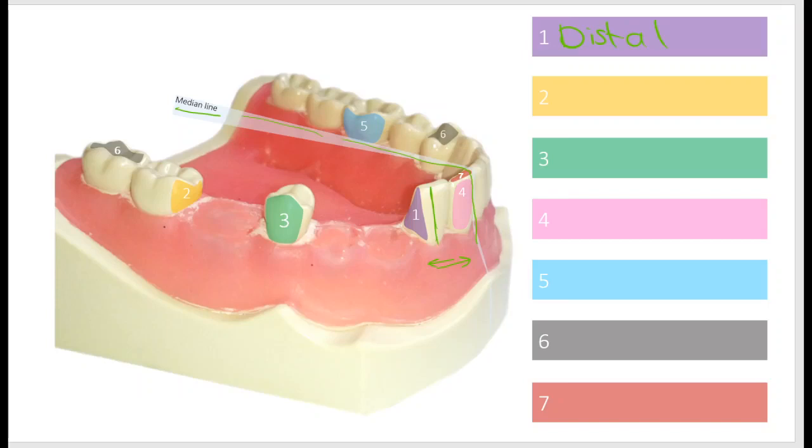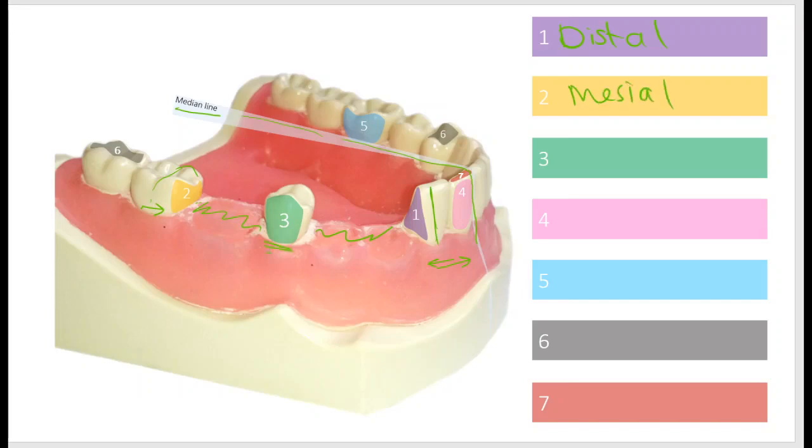Number 2, and these are interproximal, you can see they are between the teeth. There are no teeth here technically, just to be able to view it. Surface number 2 is towards the midline, and that is mesial, right?